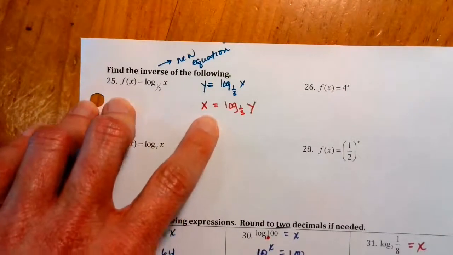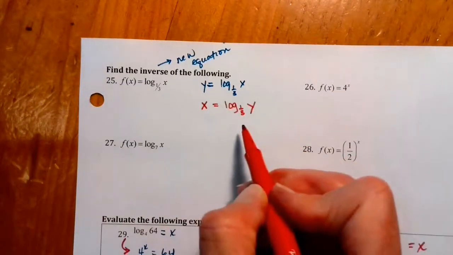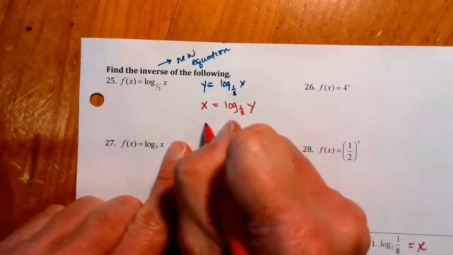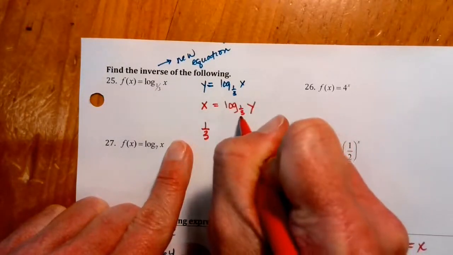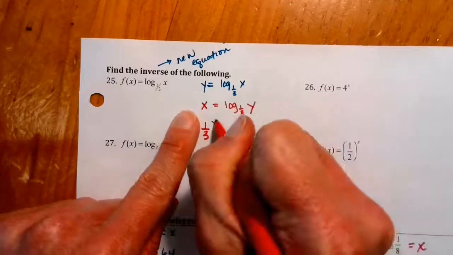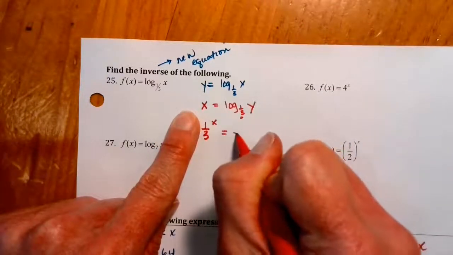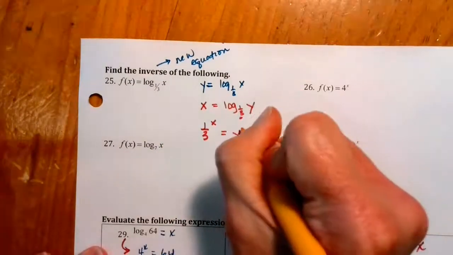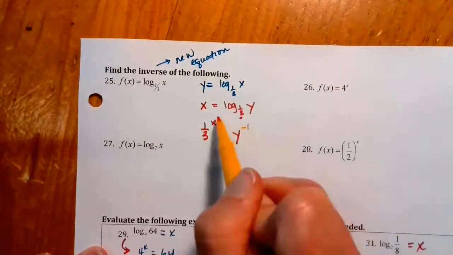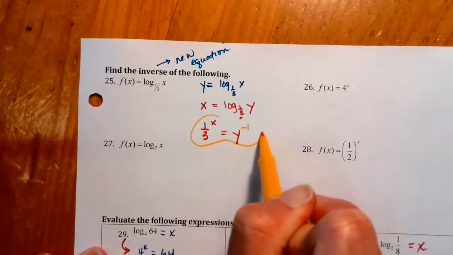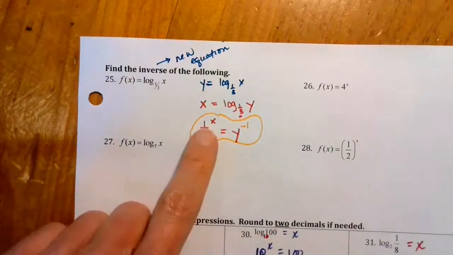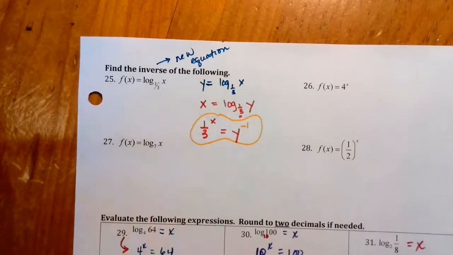Now that I have this new equation, if it's given to me as a log, I can rewrite it as an exponent. So that means that 1/3, there's my base, to the x power is going to be equal to y. And we're going to put a little -1 up top, and that reminds us that that is the inverse. 1/3 to the x is equal to y.